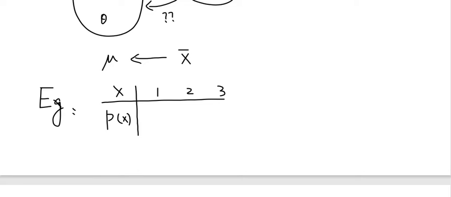We call it theta: the probabilities are 1 minus theta, a half theta, and a half theta. This theta is certainly larger than 0 and less than 1. So this is the distribution, but we don't know theta.